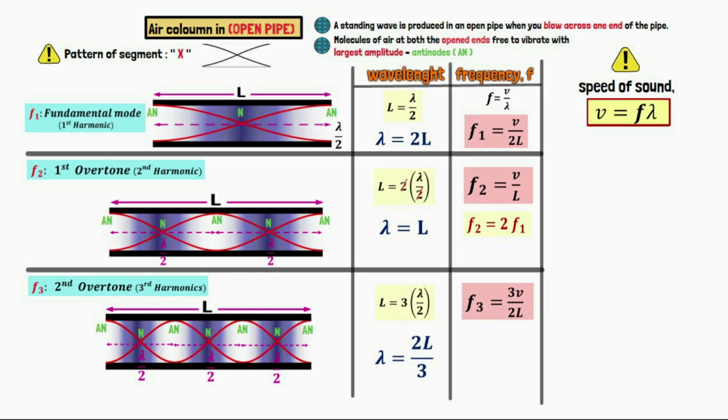So when we compare the equations for F1, F2, and F3, we can write that the frequency of the third harmonic is actually 3 times F1, 3 times the frequency of the fundamental mode, or F3 is equal to 3 times the frequency of the first harmonic. Okay? Boleh?